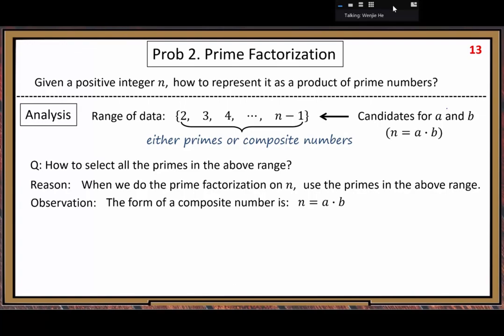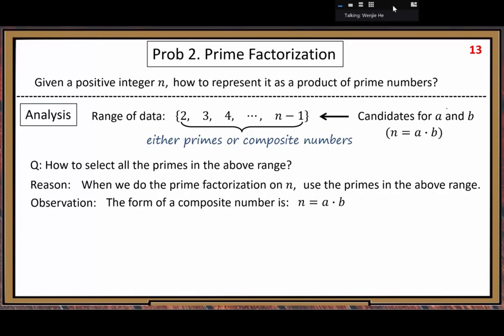When we work on composite numbers, harder, easier, or prime numbers, harder, easier, there is a difference. When we have these two options, the rule of thumb is we always work on the easier case first.